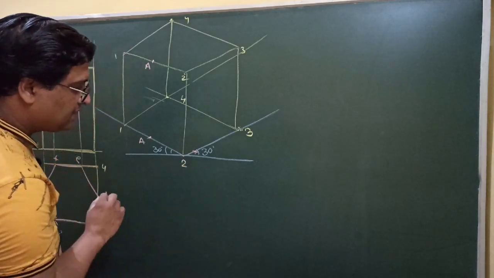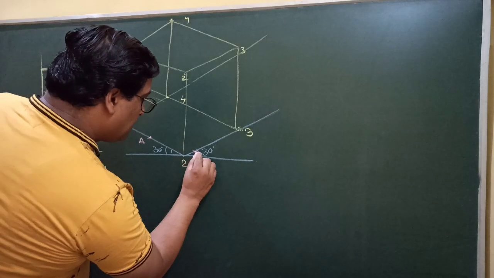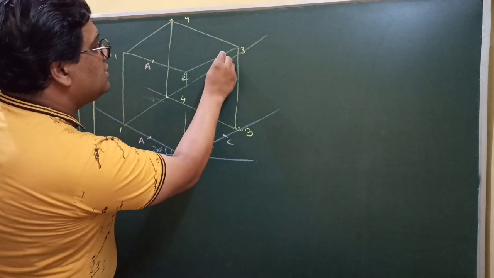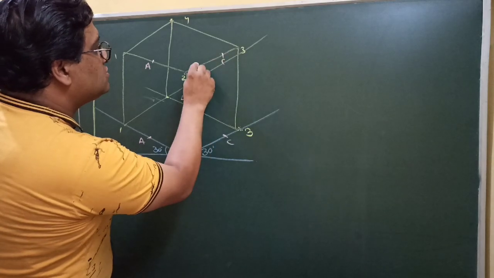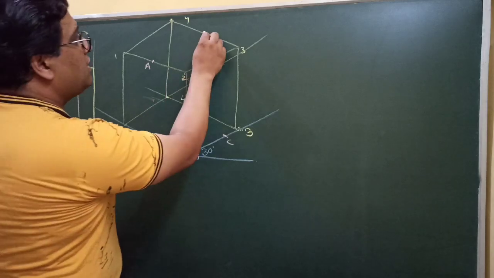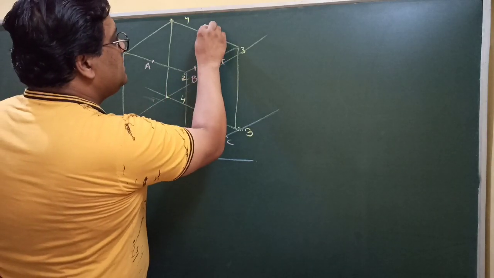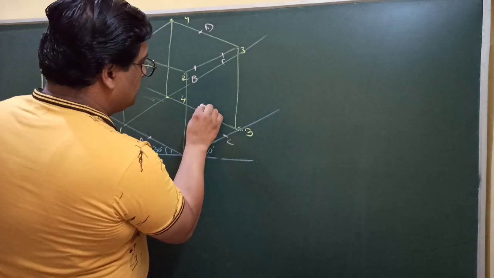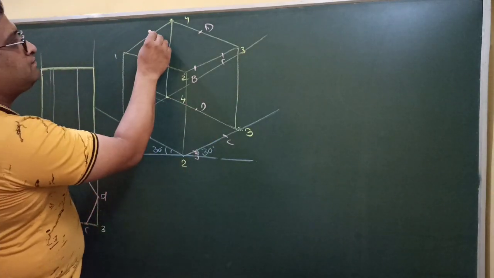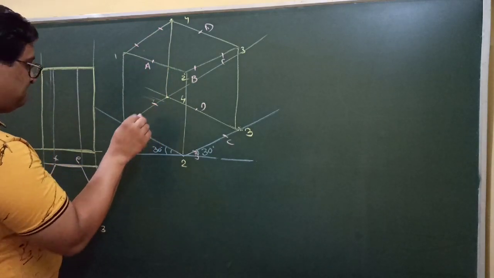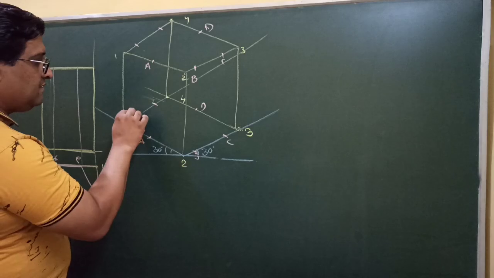This must be the isometric length, so that you are getting point B. C, similarly you can mark this side also. Then point D here, in the similar manner point D here also, and these points also. These are F and E.